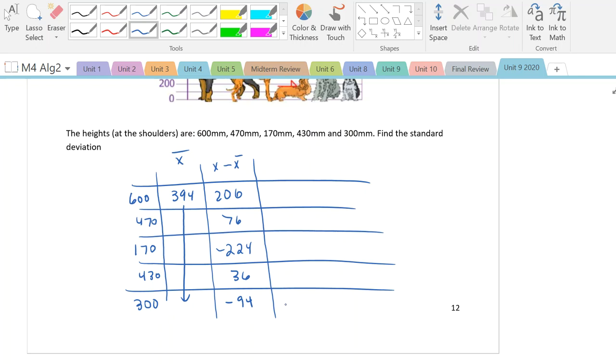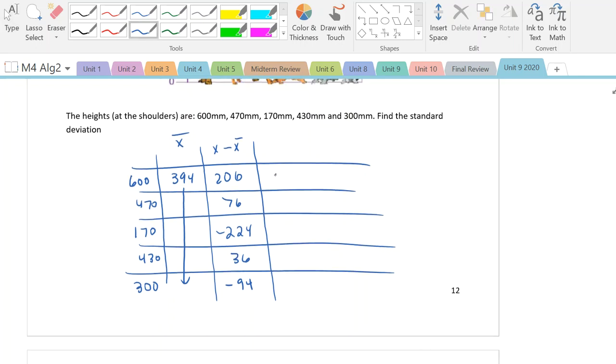So now I'm going to take all of these values and square them. You could see how, if I wanted to do a lot of numbers, or if the average didn't come out as a nice number, it could be kind of messy on a lot of these things. Okay, now this is x minus x bar squared in case we cared.